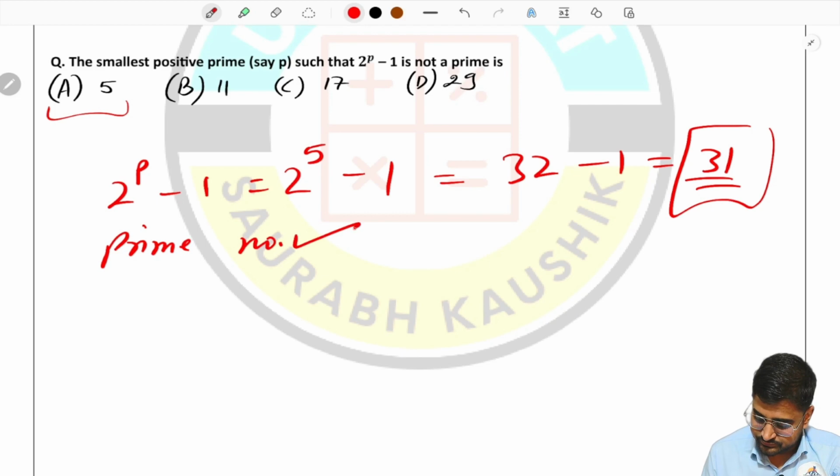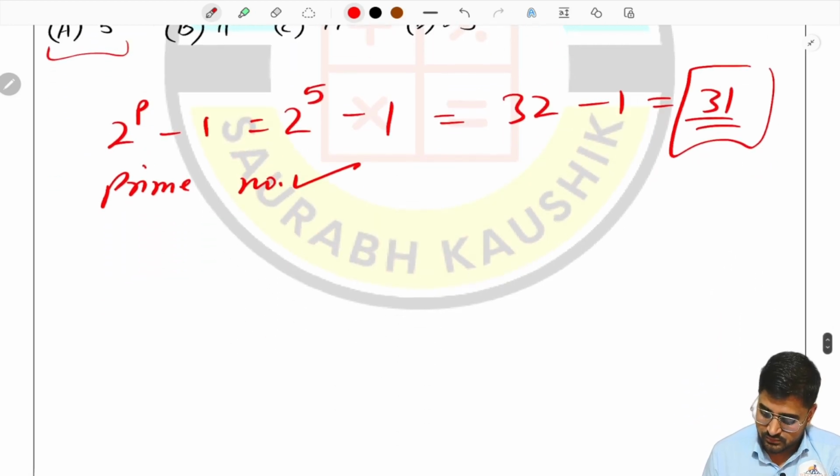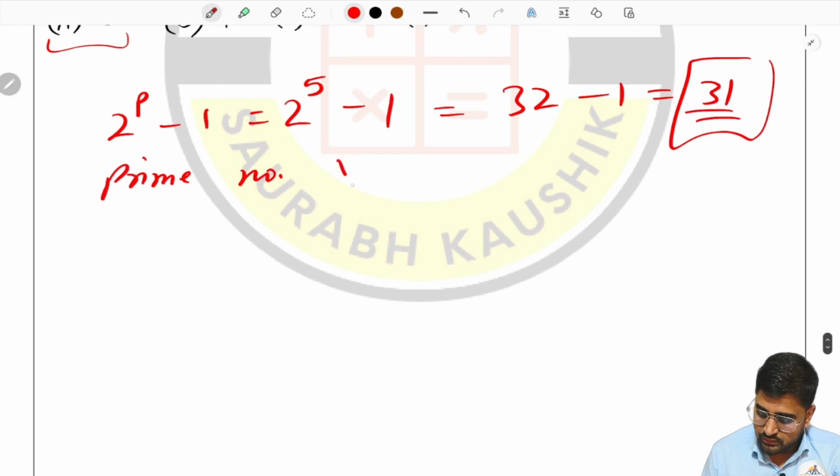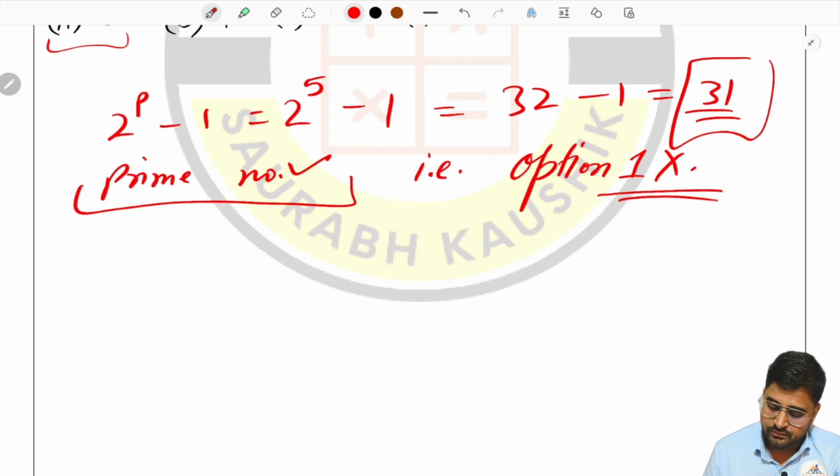The question demands not a prime number, so this option is a prime number. That is why option 1 gets cancelled.